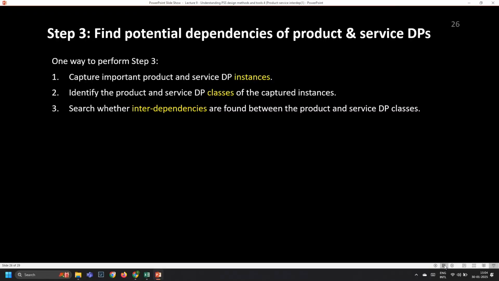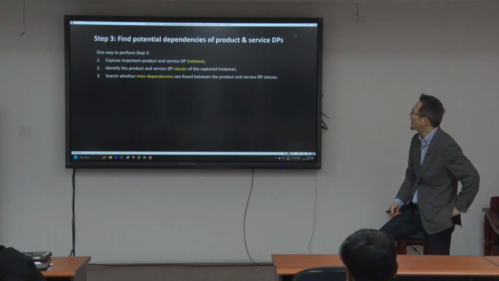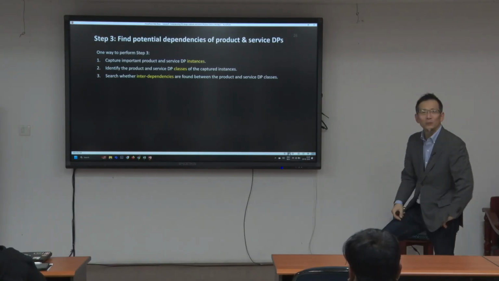And there are different ways to perform step 3. The way I explained with the elevator example is a little bit different from what is recommended here. I think this is easier to execute, so that's why I'm showing this way to perform step 3 here.